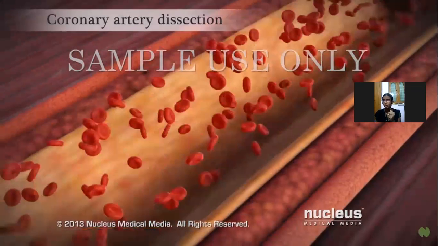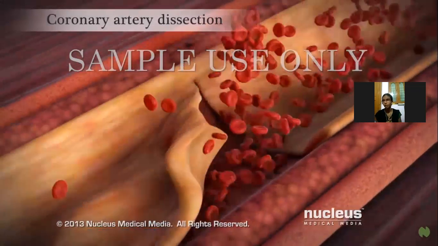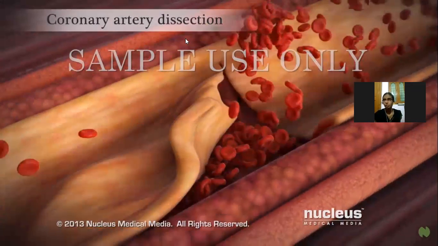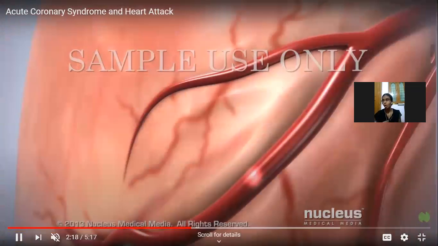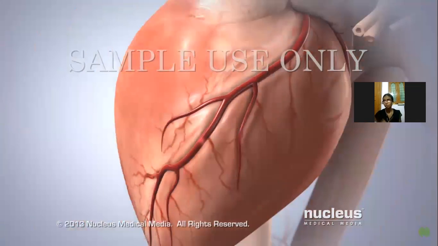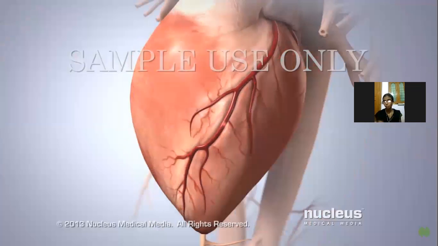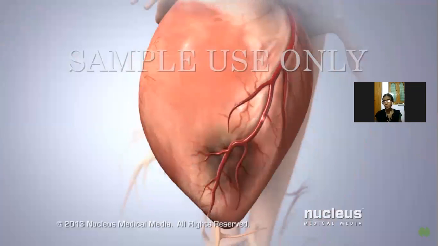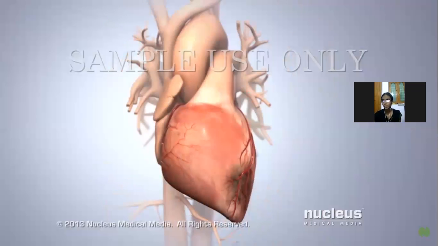So to avoid the blood clot, we have to do surgery or we have to use anti-anginal drugs. And if we do surgery, we have to place stents in order to avoid the clot of the blood in the heart.